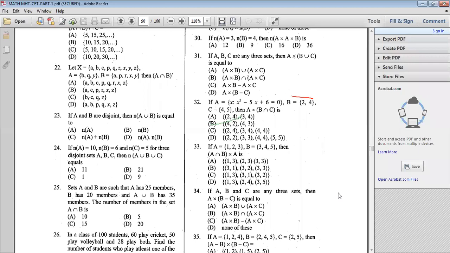Then we have to find A cross B intersection C.